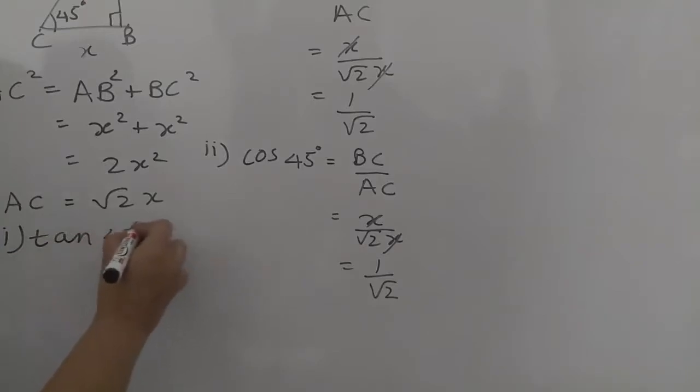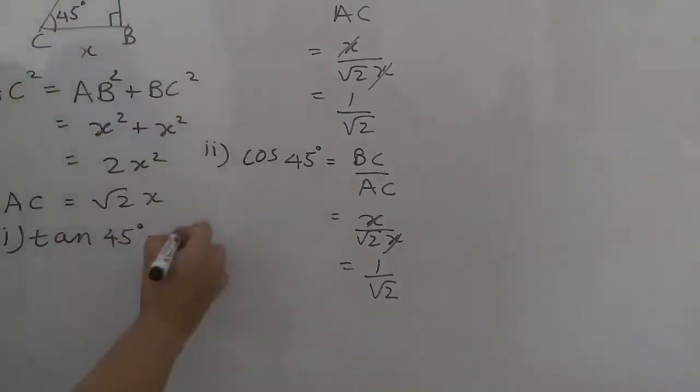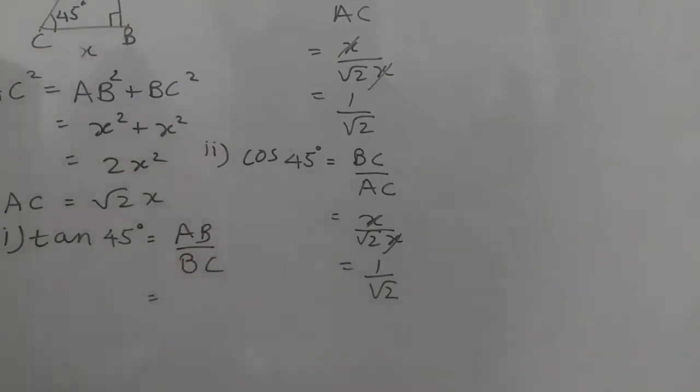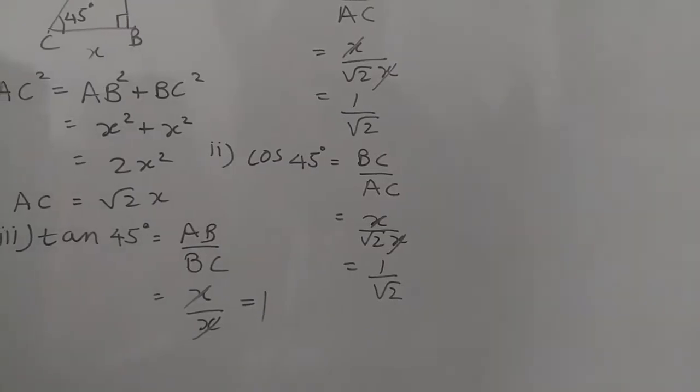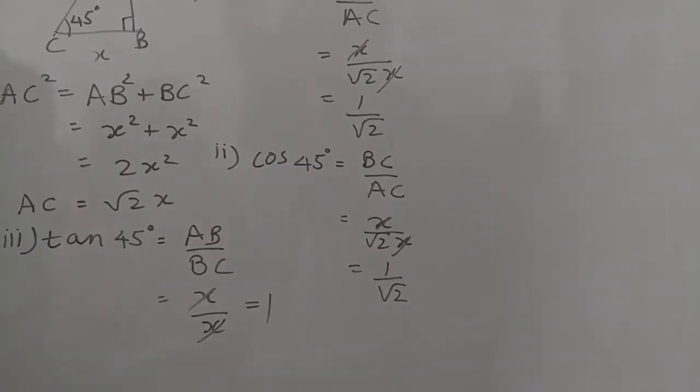So tan means opposite, that is AB, and adjacent BC. Both AB and BC values are the same, given x. Both are cancelled. So tan 45 value is 1. So this is our question number 4. Show your complete working here. So we have shown all the complete workings here with the figure.